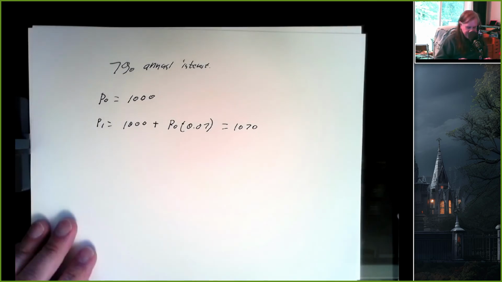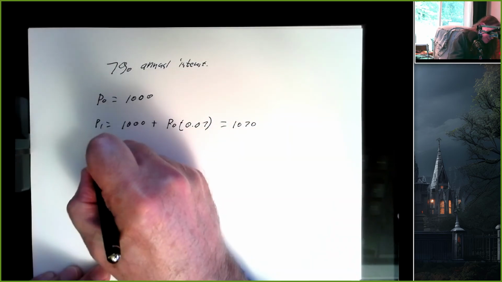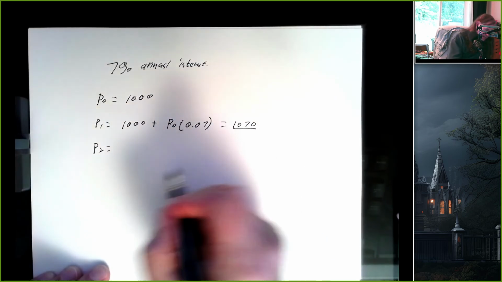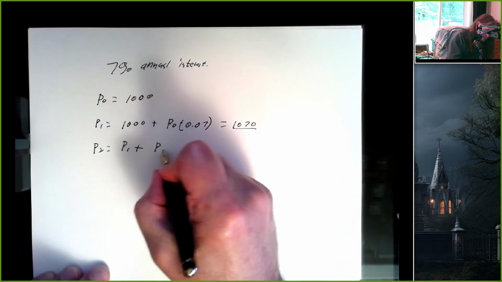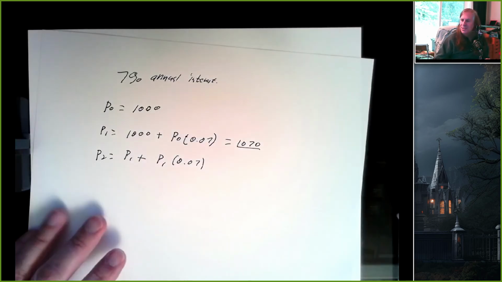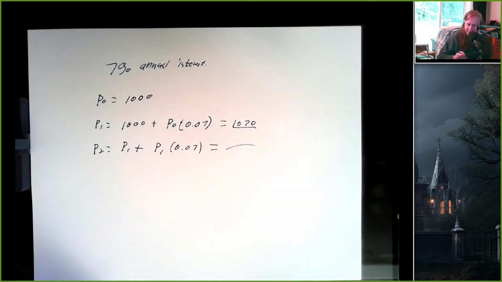Alright, so you decide, well, that's pretty good, that's easier than working, let's do that another year. So you come back 1 year later, and you're going to have all the money that you had a year ago, which is P1, plus 7% more of what you had at the beginning of the year, which is a little bit more money.